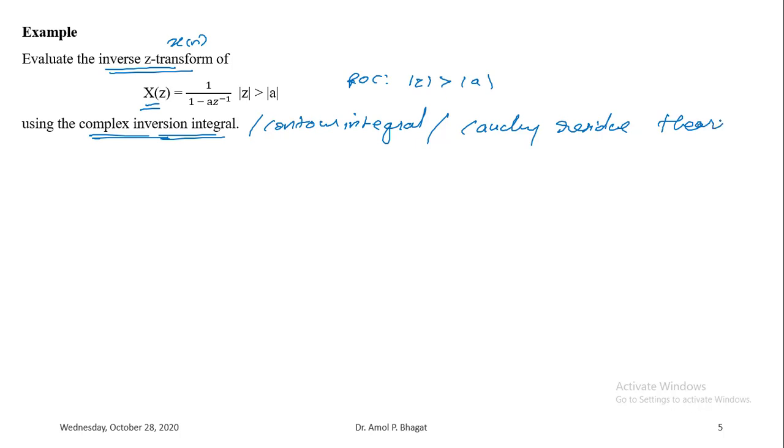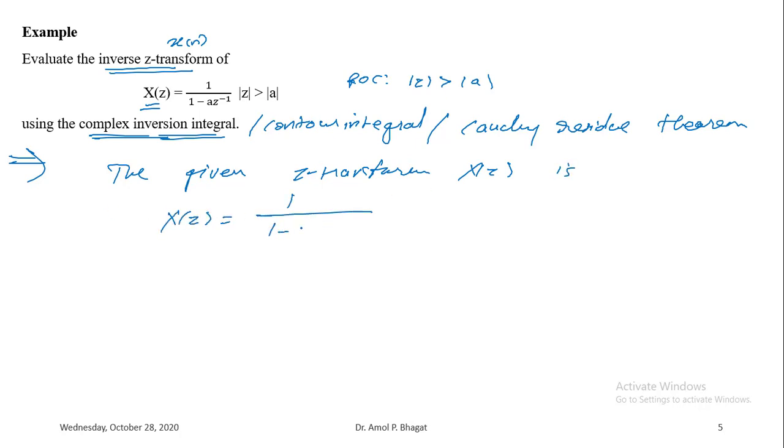So the same process will be followed, which I will be explaining here. So the given z transform x of z is equal to 1 upon 1 minus a z inverse.